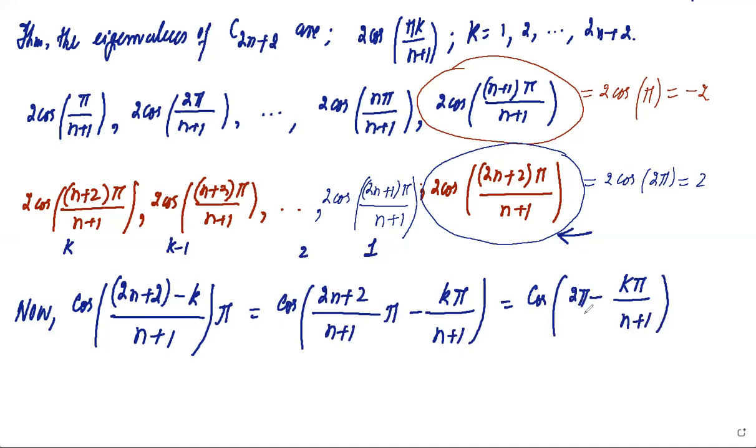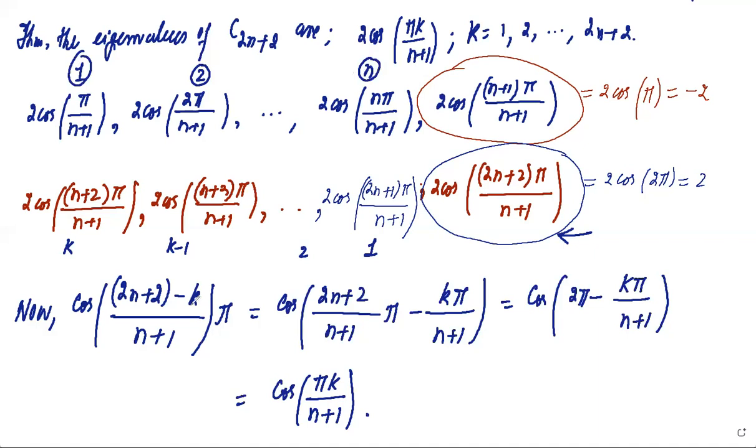But now cos of 2 pi minus this thing, by periodicity of cos, since 2 pi is the period, is actually equal to cos of pi k upon n plus 1. So what this equation tells us is that if we put k equal to 1 here, we get the first eigenvalue. When we put k equal to 2, we get the second eigenvalue. And similarly, when we put k equal to n, we get the nth eigenvalue.